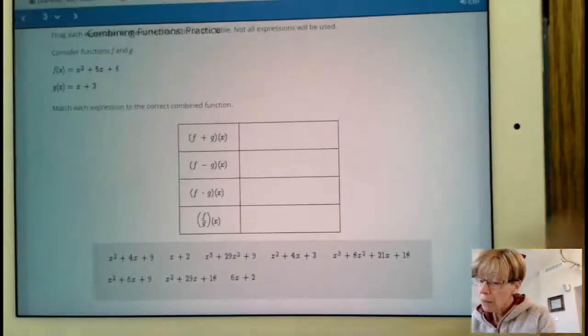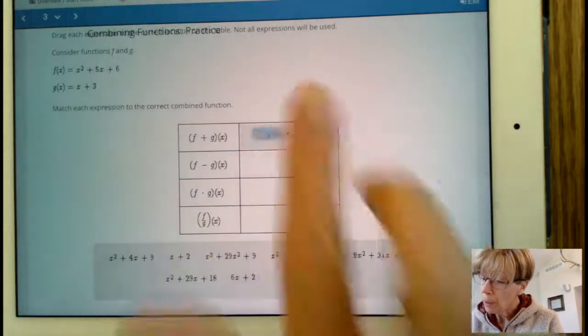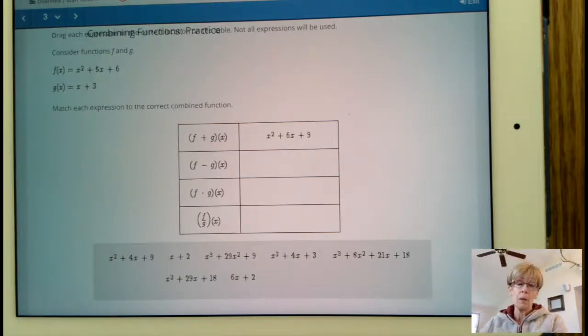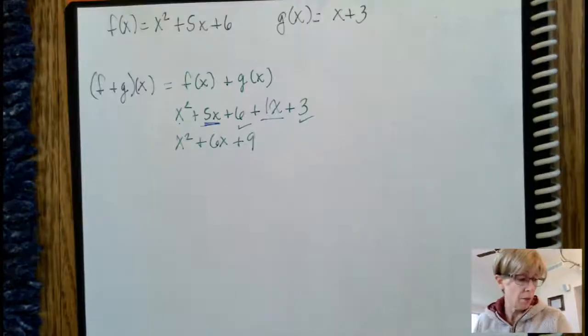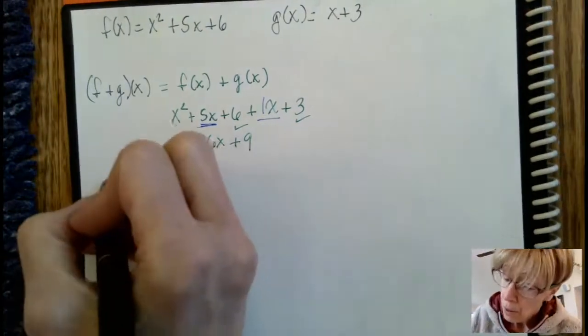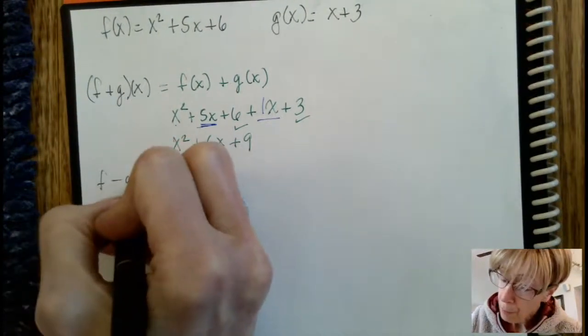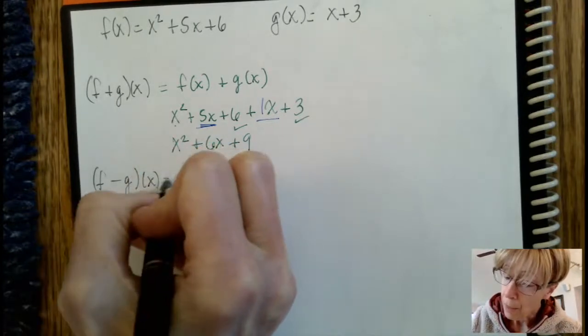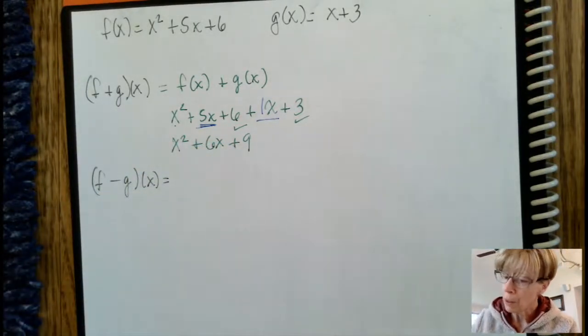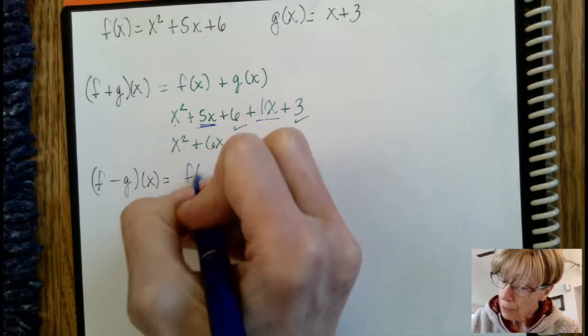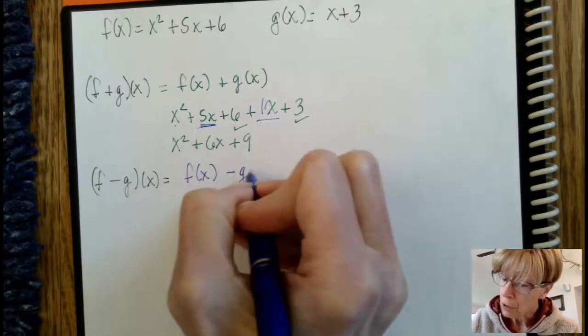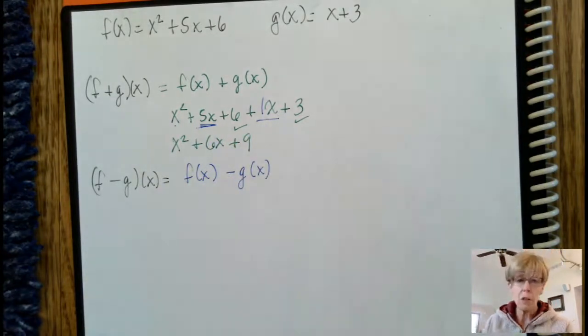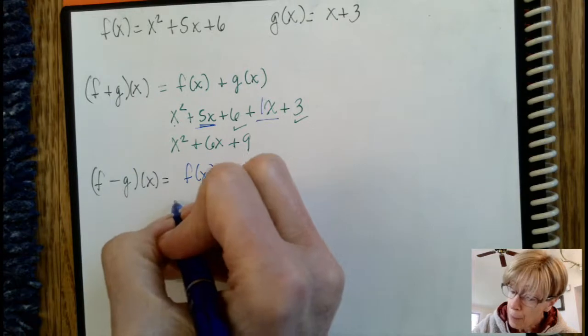So the next part is that we're going to do f minus g of x. Minus g of x simply means that we're going to take f of x and subtract g of x. Careful, because we're going to have to distribute. x squared plus 5x plus 6, minus, and then our g of x, which is x plus 3.